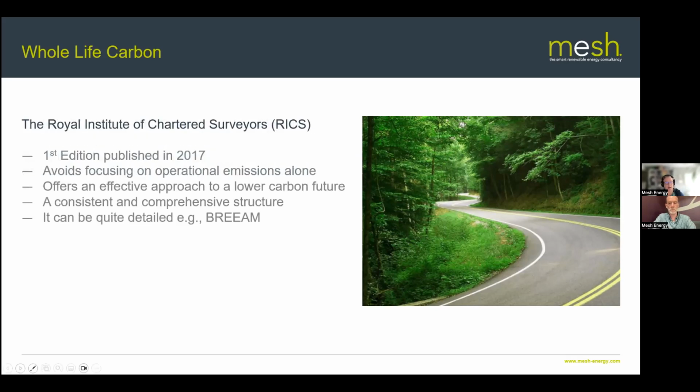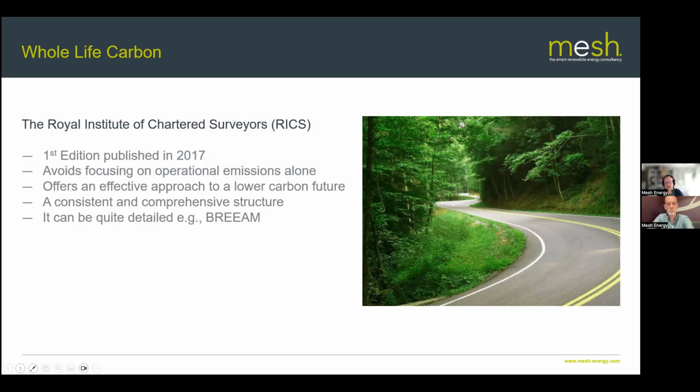It's quite encompassing. The Royal Institution of Chartered Surveyors first published in 2017 a structured approach, and the purpose of this really is to avoid focusing on operational emissions alone.